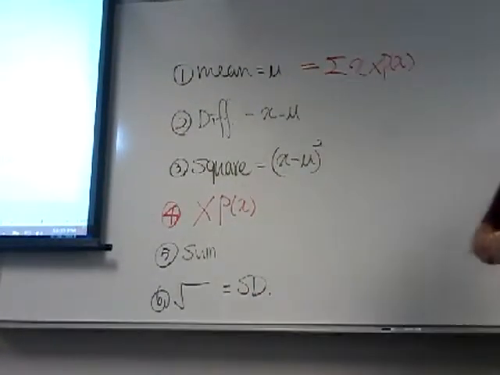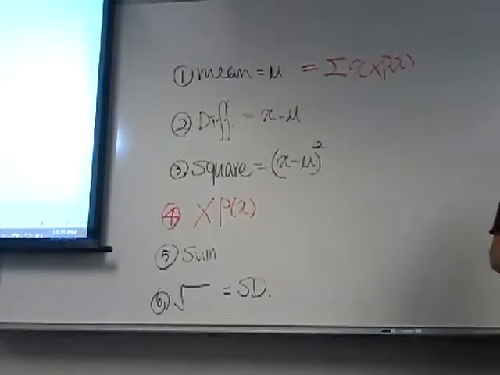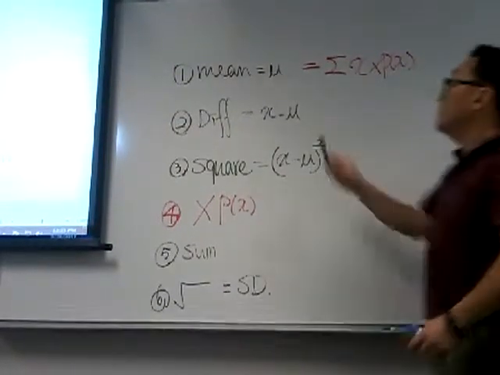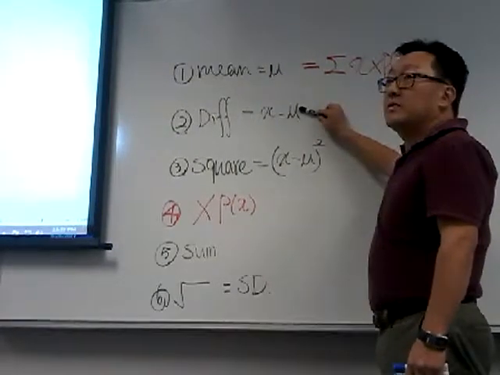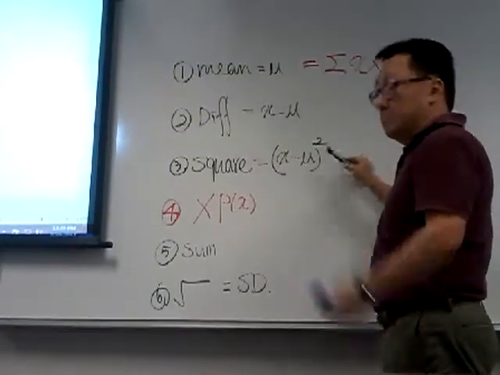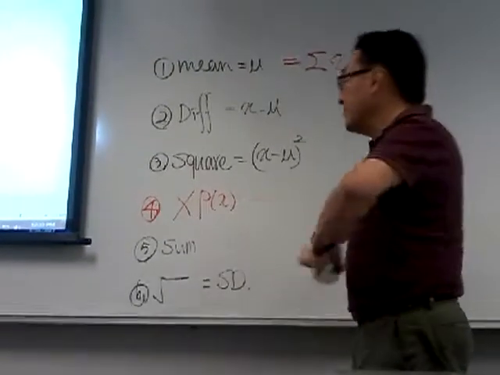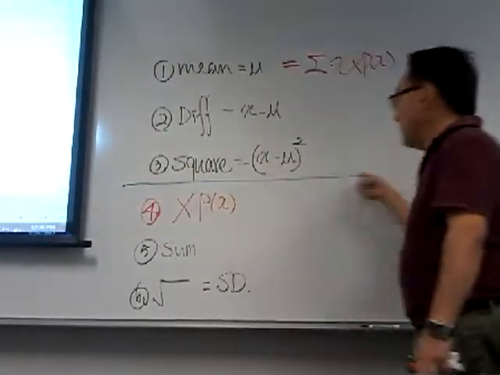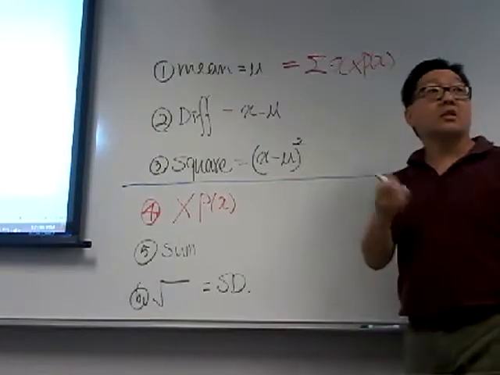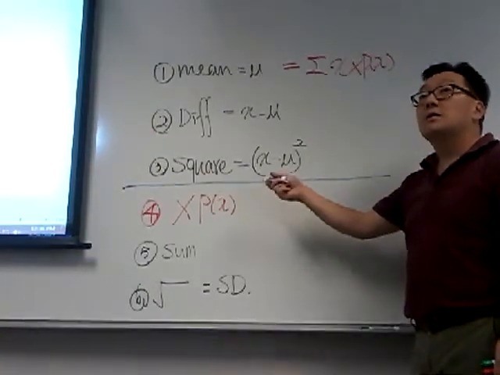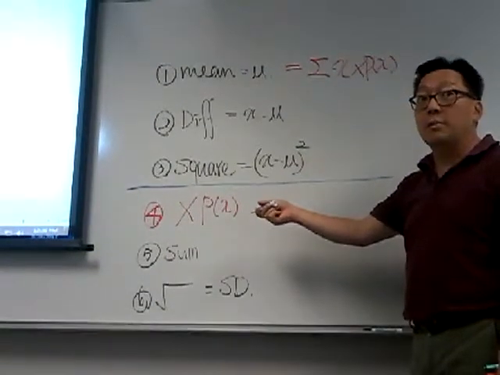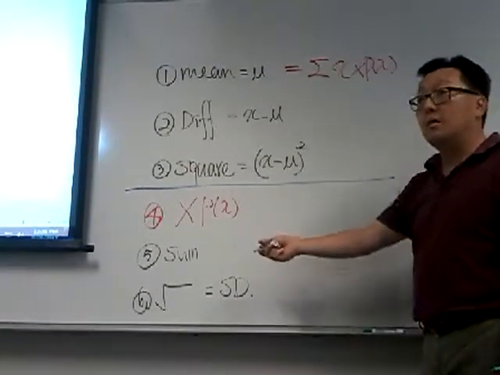Almost the same 6 steps again. We take the mean, difference, square. They are exactly same as what we did in chapter 3. But now, step 4, take multiplication with the probabilities, sum.